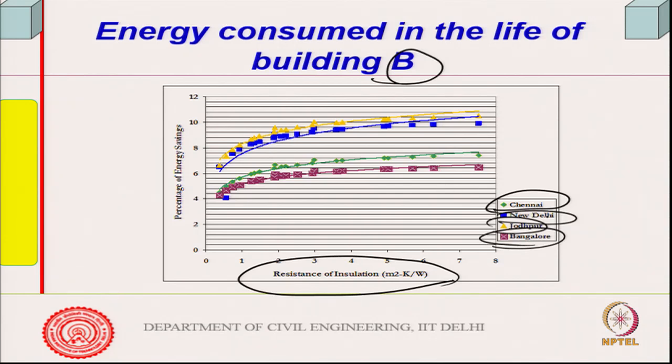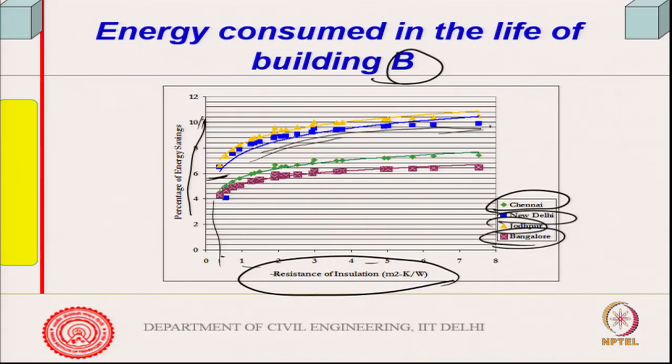If the same building, which is actually in Chennai, was to be built in, let us say, New Delhi, this is the percentage of energy saving that you get from the base case if you improve the insulation from whatever was existing. So, you see that it improves, right. Blue one is New Delhi. The higher the insulation, the energy saving increases, but of course does not increase beyond a point to a higher rate.